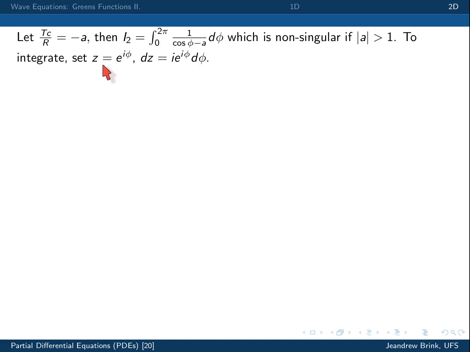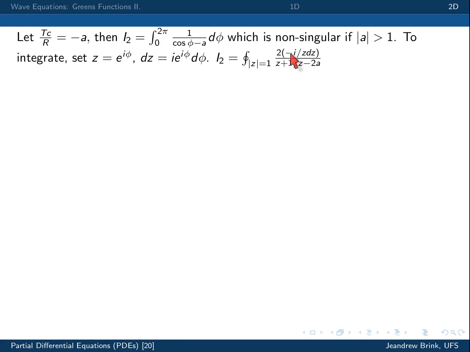So we're going to say let z equal e to the i phi, and therefore dz is i times e to the i phi. Okay, and then we're going to have that I2 is equal to the complex integral over the circle where z is equal to 1 of d phi, which is just this expression. We have now replaced i phi with, d phi is equal to dz divided by this thing.